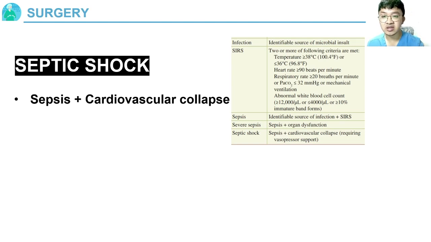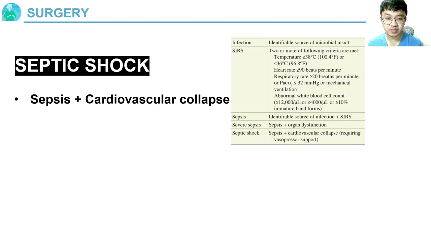Sepsis is SIRS plus an infection. So again, sepsis is 2 out of 4 of the previously described criteria, plus an infection. Severe sepsis is sepsis plus organ dysfunction, whether neurologic, renal, respiratory, among others. However, if sepsis causes hypotension or cardiovascular collapse which requires vasopressor support, we've already been using inotropes in this patient, and the patient responds, this is what we now call septic shock.